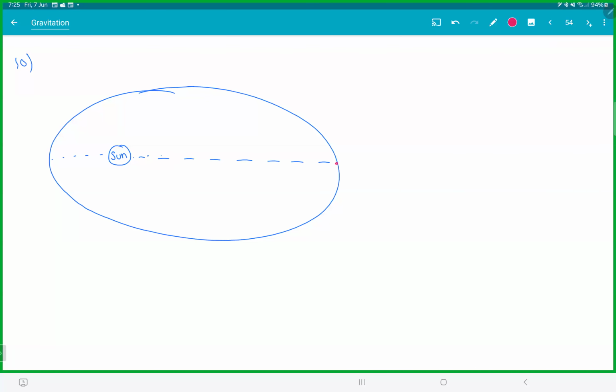So I didn't draw it properly again. Here the particle is there, here the particle is there. Let's say this guy is going with V1, V2, which I don't know. The sun is somewhere here. This distance is R1. This distance is R2.